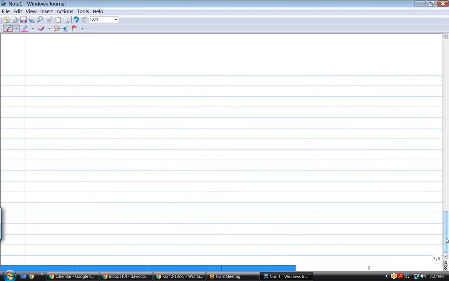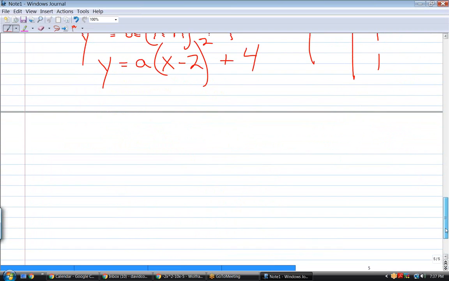Right now I got 3 variables, and I don't know what any of them are. I don't know what y is, I don't know what a is, I don't know what x is. But if it tells me that I go through the point minus 1 comma 1, then that's telling me that y has to be 1 whenever x is minus 1.